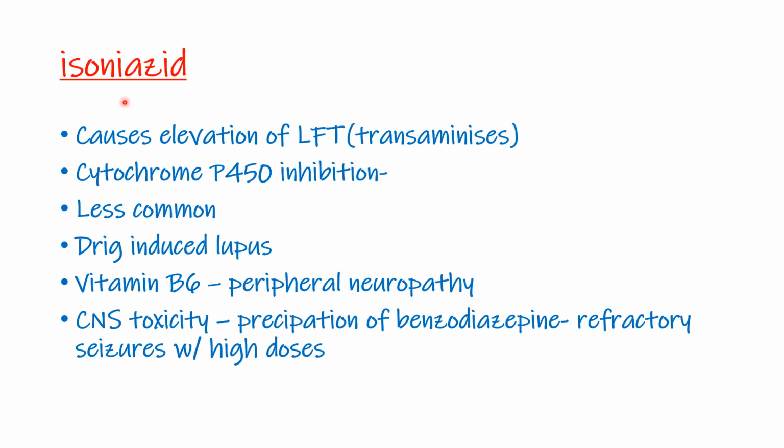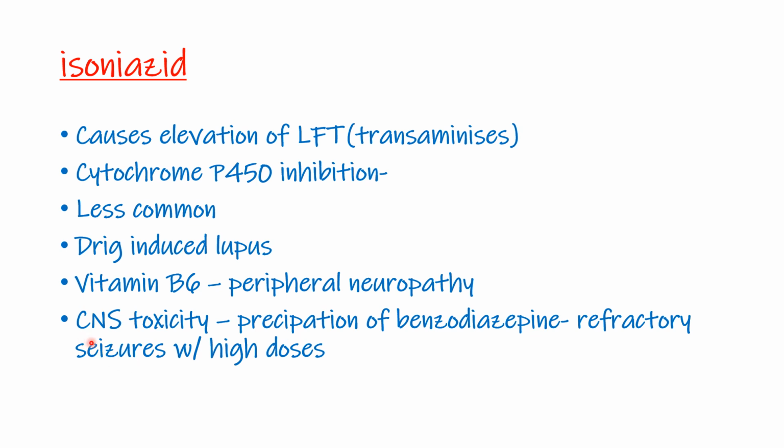We'll start with isoniazid. Isoniazid causes elevation of LFTs, which causes hepatotoxicity. Isoniazid also inhibits cytochrome P450, meaning drugs that are metabolized by this enzyme will be affected. Less commonly, it also causes drug-induced lupus. In addition, this is very important, it causes vitamin B6 deficiency, which causes peripheral neuropathy. That is why we give pyridoxine as a supplement when giving isoniazid.